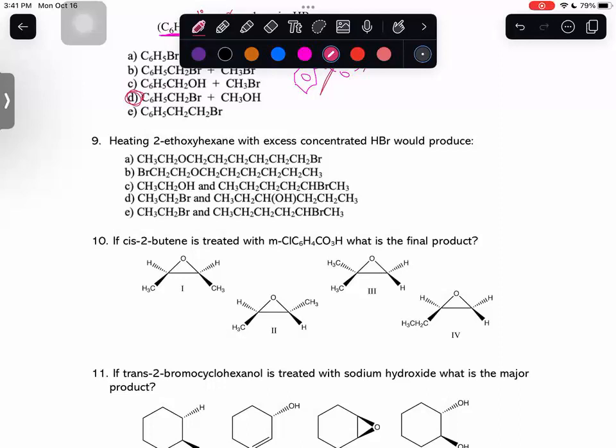CO3H. CO3H? No. Peroxy acid. The bonds to the epoxide have to be cis. Yes.